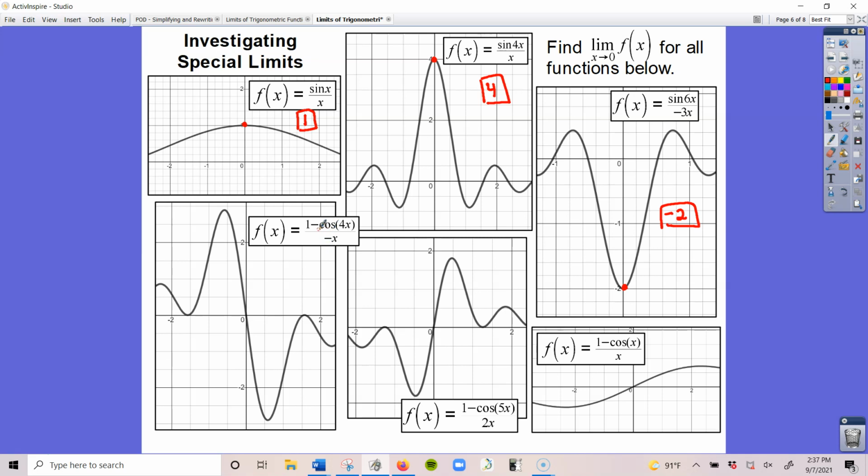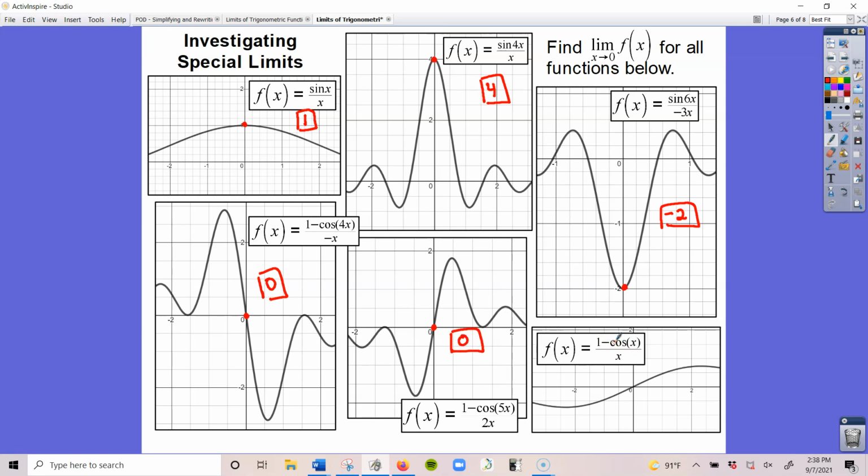For this function, we have 1 minus cosine of 4x all over negative x. So the limit as x approaches 0 is 0. Here we have 1 minus cosine 5x over 2x, and the limit as x approaches 0 is 0.